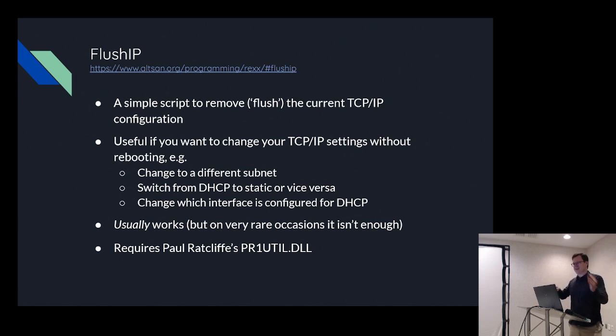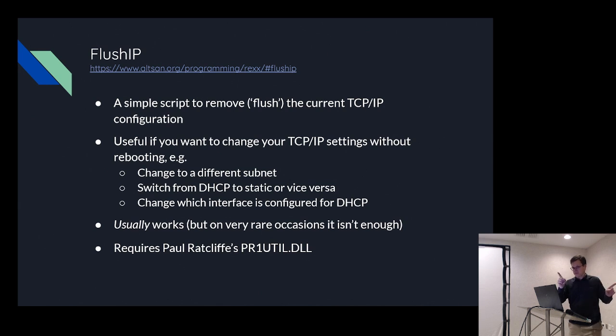Please temporarily forget what I just said about icon themes requiring you to reboot, but generally you don't want to reboot if you don't have to. So I wrote this script to just completely kill the current TCP/IP configuration so that it starts with a blank slate as if I've just booted up, and then I can run the TCP/IP initialization again, and if it's the same DHCP configuration, it will just pick up the new configuration, or I might actually have a custom script or a custom profile.